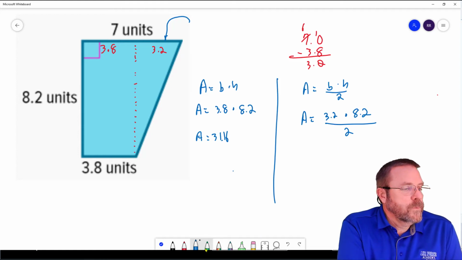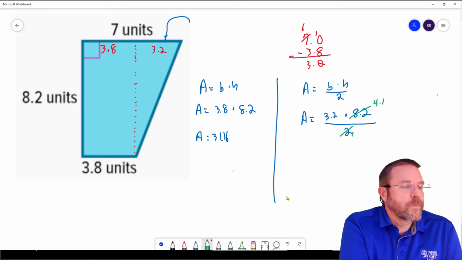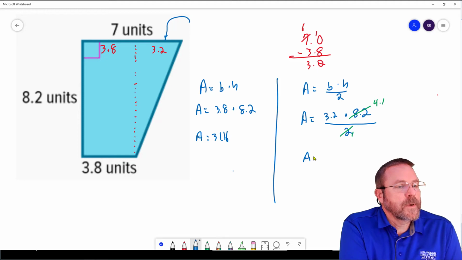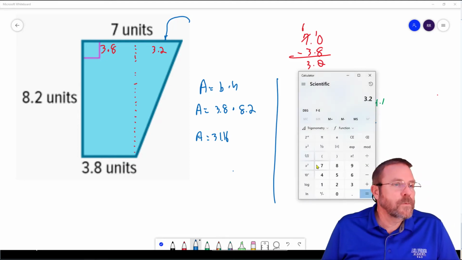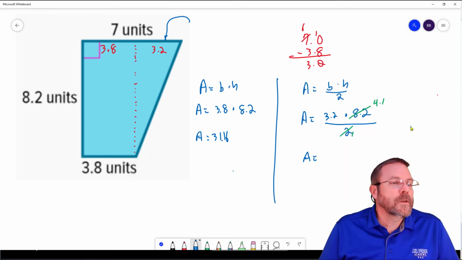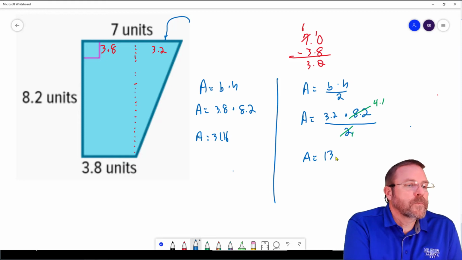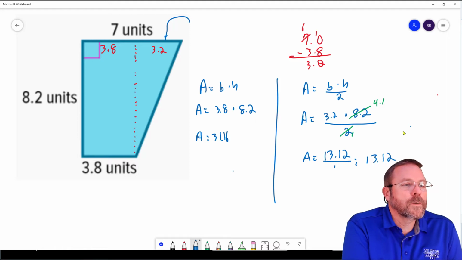Now this is a place where I would simplify before I multiplied. 2 goes into 2 once, and 2 goes into 8.2, 4.1 times. That means area is equal to my 3.2 multiplied times my 4.1, and that's going to give me 13 and 12 hundredths over 1, also known as 13.12.